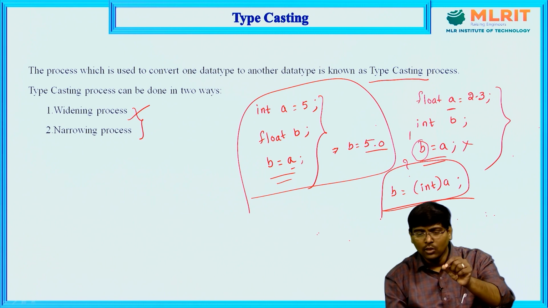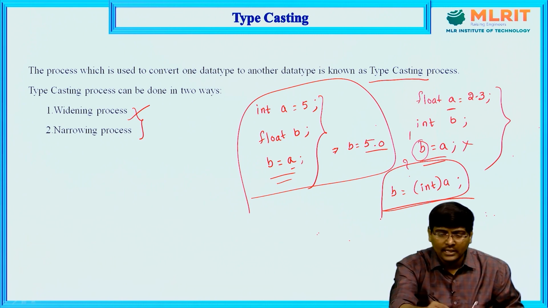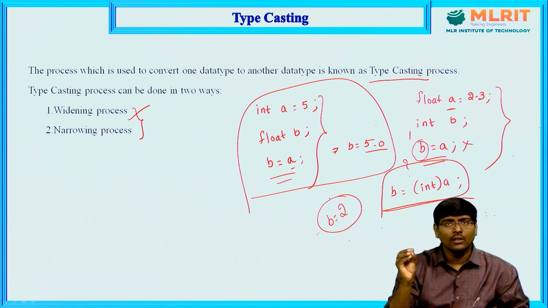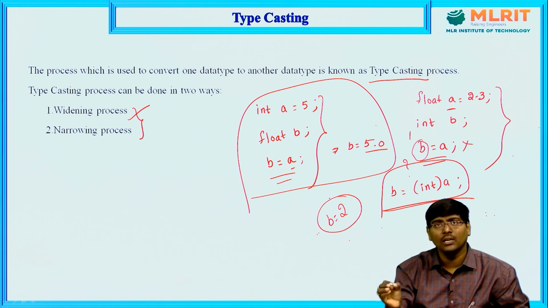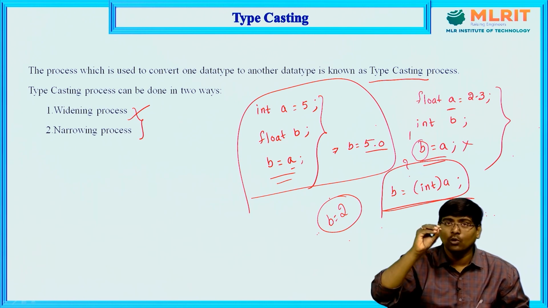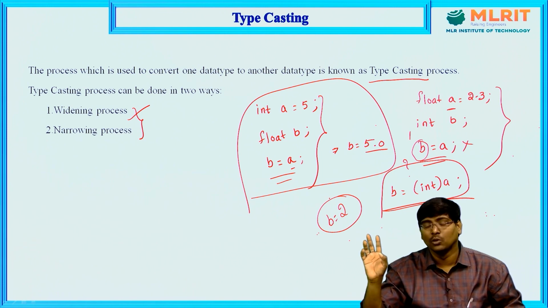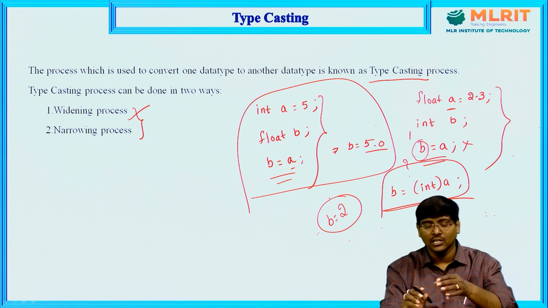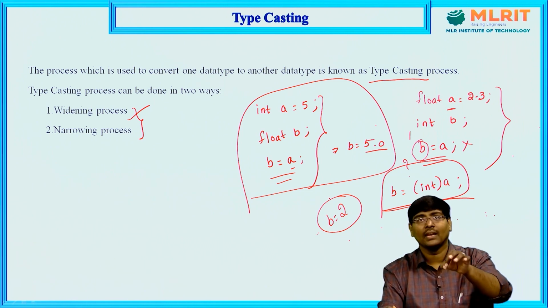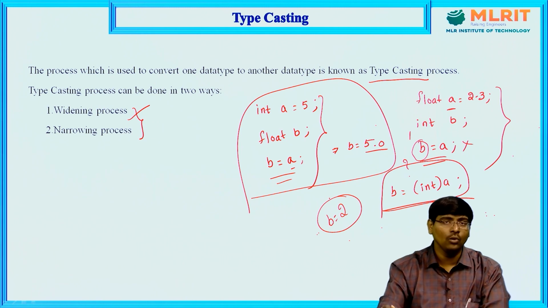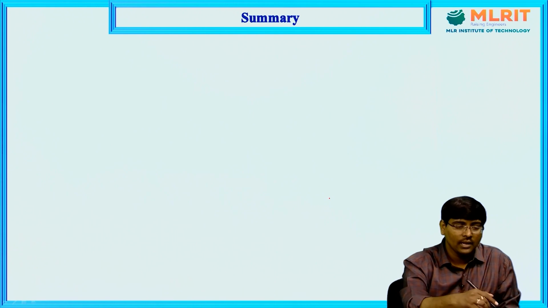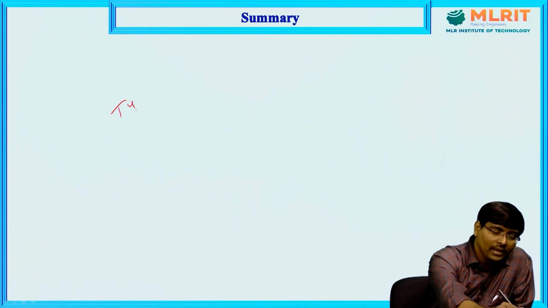Even though you performed it explicitly, what is the value of b? The value of b is 2 only. Even though the typecasting is performed successfully, the integer stores only whole numbers, so the decimal part is lost. Instead of giving an error, it resolves the error and converts the higher data type into the lower data type. Clear?